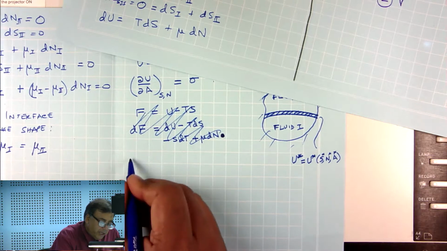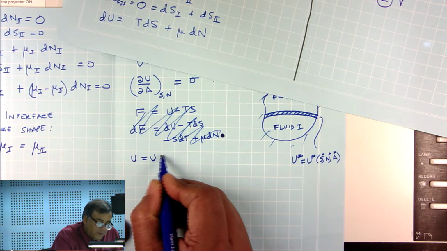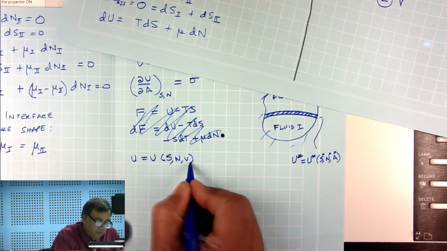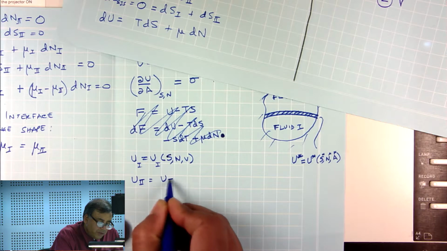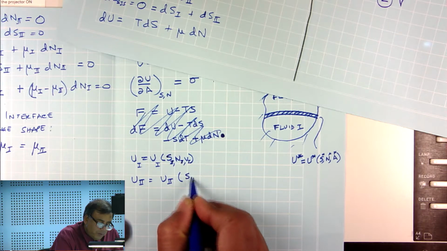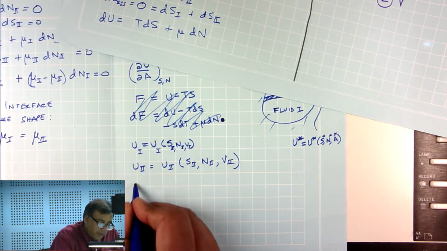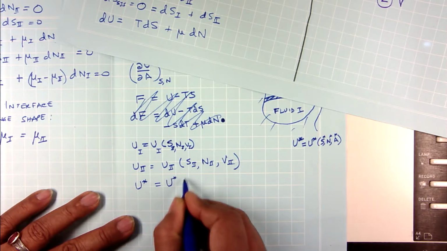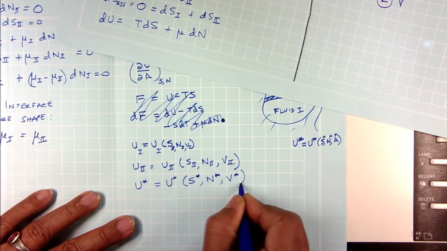So, if I look at the phase 1 and 2, I have my U being a function of S, N and V. So, that is my U1. Similarly, I will have a U2 which is a function of S2, N2 and V2, and then I will have a U star which is S star, N star and V star.